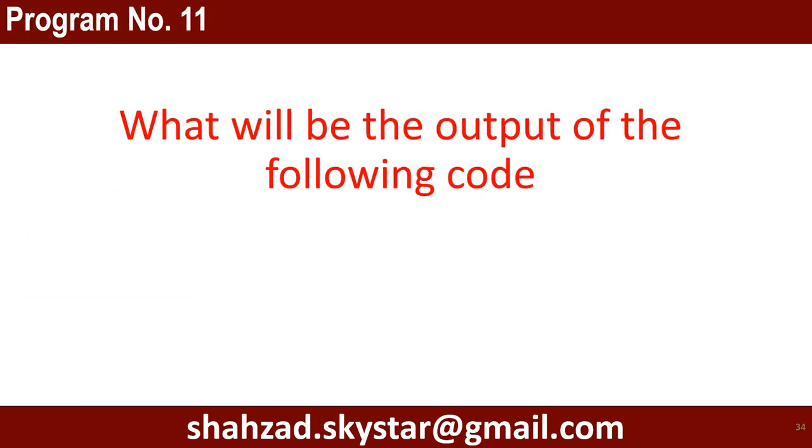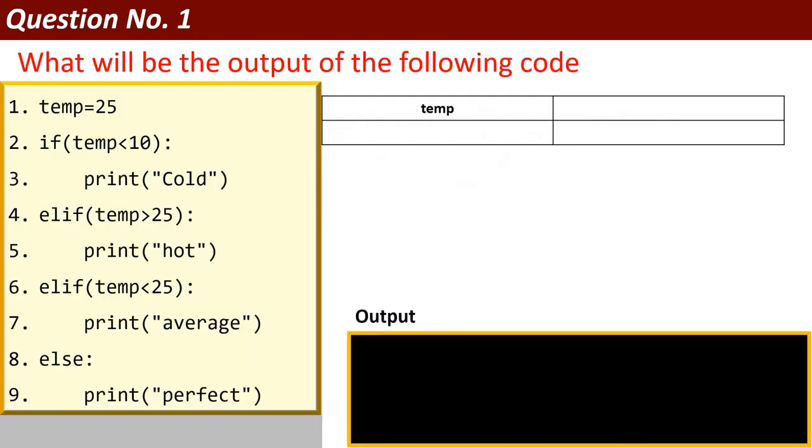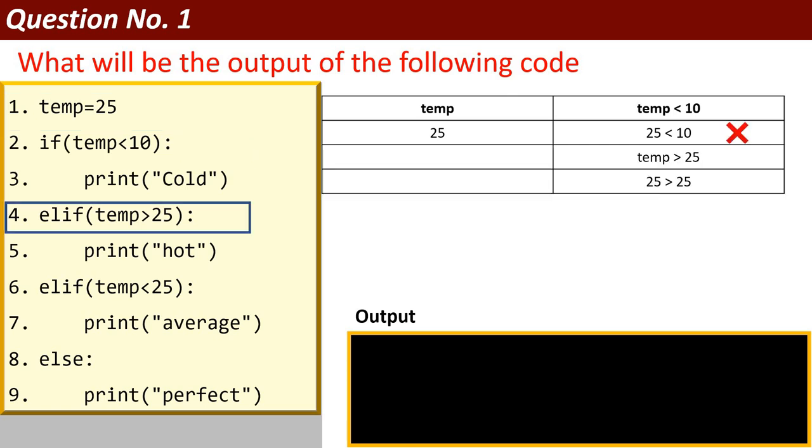Next program: what will be the output of the following code? I have written this code. If temp equals 25, it will check if temp is less than 10. The value of temp is 25, 25 less than 10, no. Then it will move to the next condition.